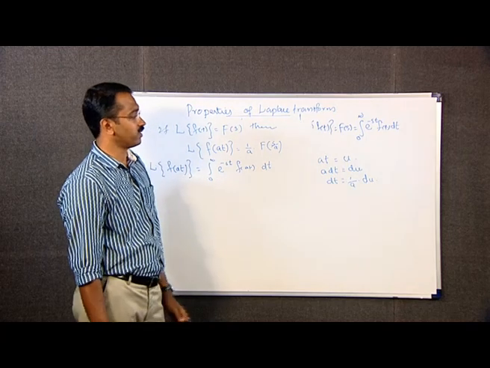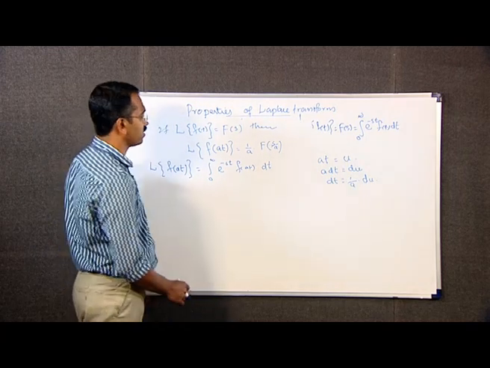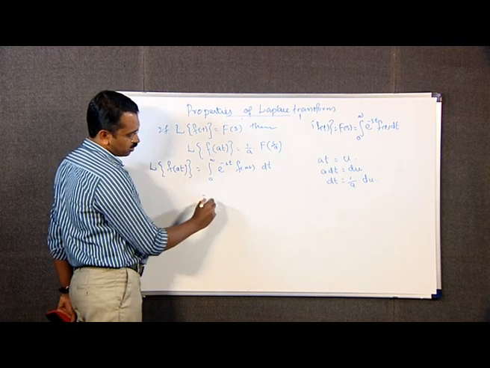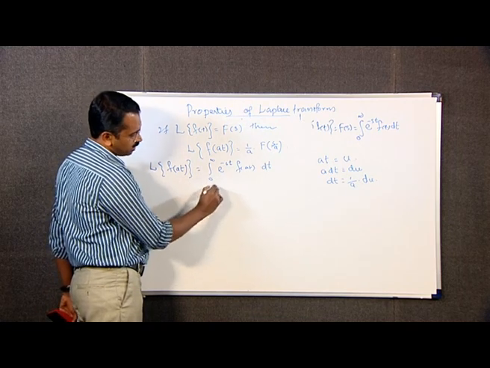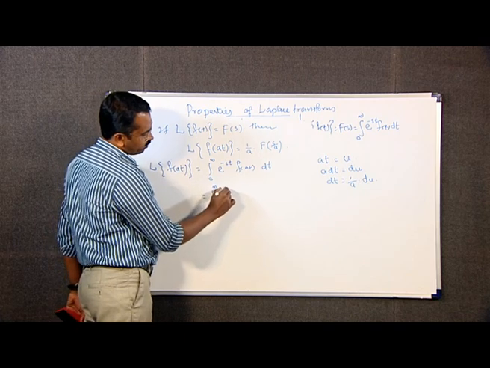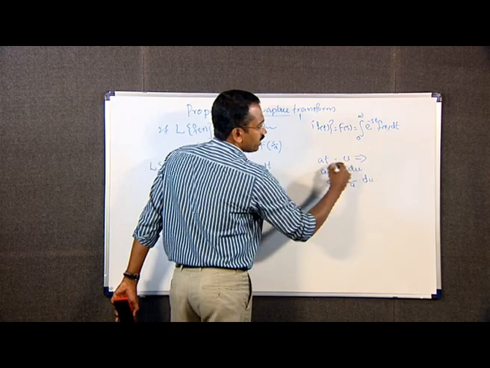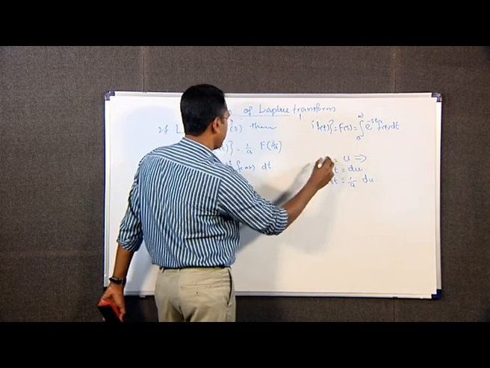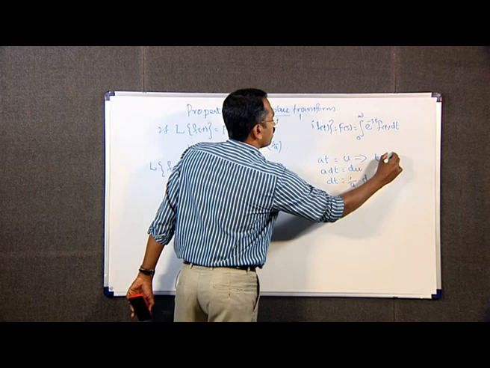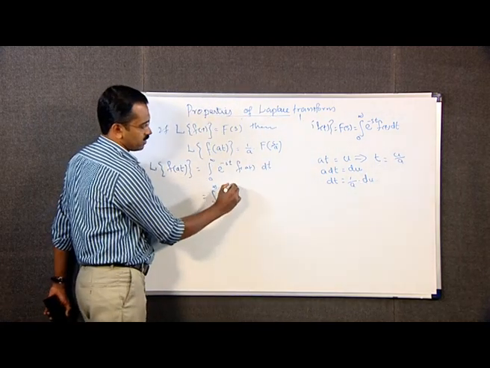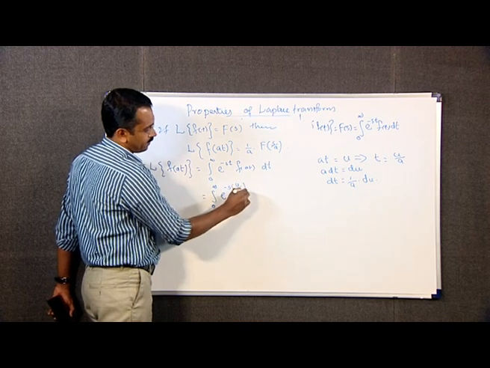Therefore, the limits of integration remain the same. This integral can be written as integral from 0 to infinity e raised to minus s, and a t equal to u implies t is u by a, that is e raised to minus s into u by a.